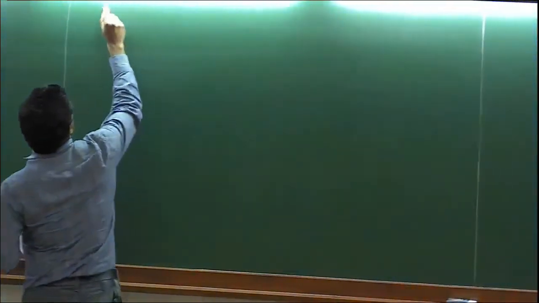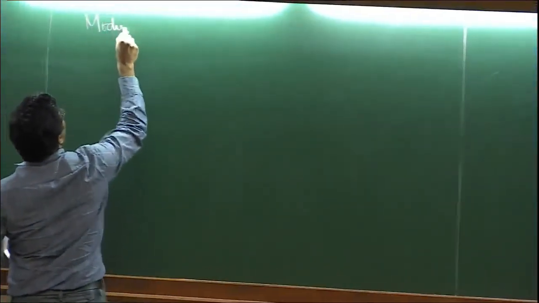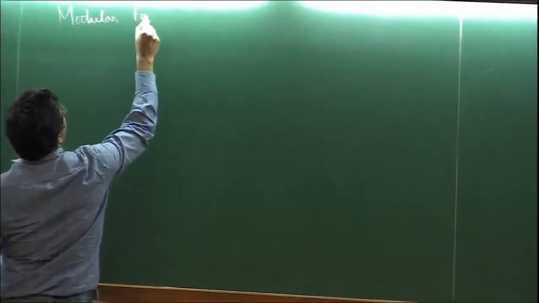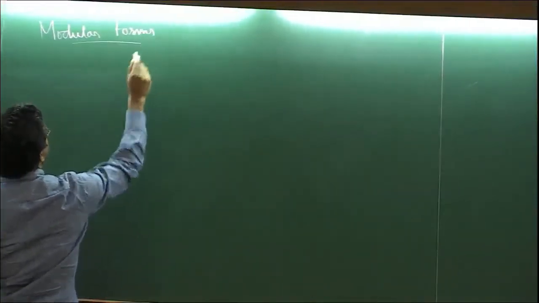So let me start with the definition of Siegel modular forms, and then in the end we'll very quickly specialize to elliptic modular forms, and then look at some concrete statements and examples for those.